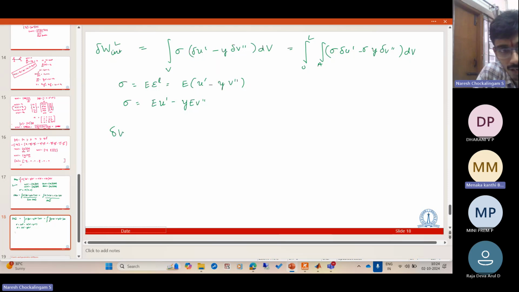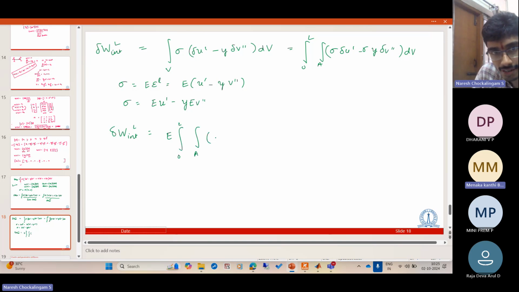Substitute in this. So del w internal linear is integrated over the volume. Sigma is, take the E outside, E is constant. So you have E outside, you have 0 to L, integrate over the area.